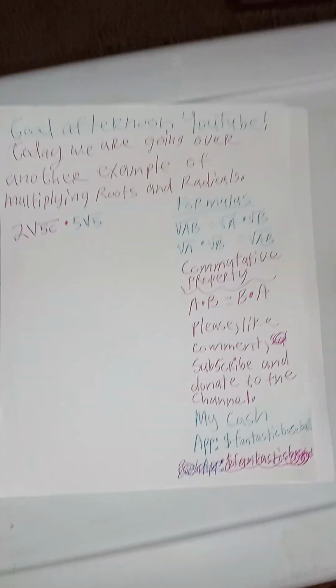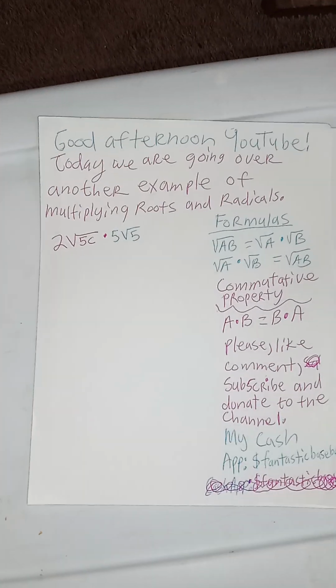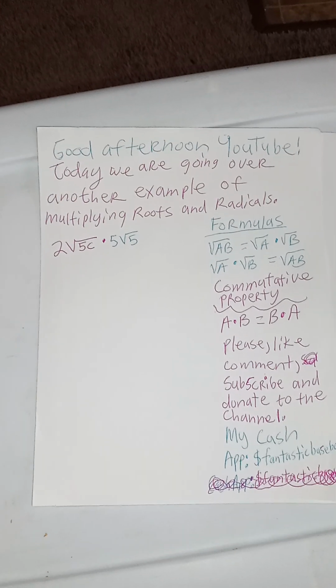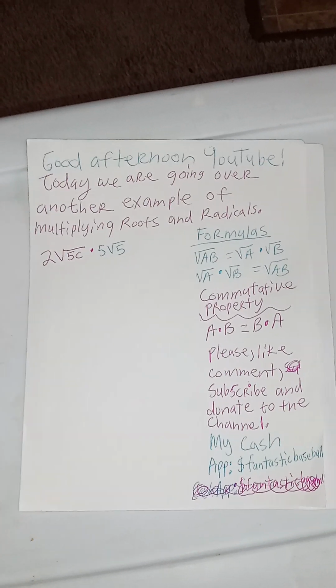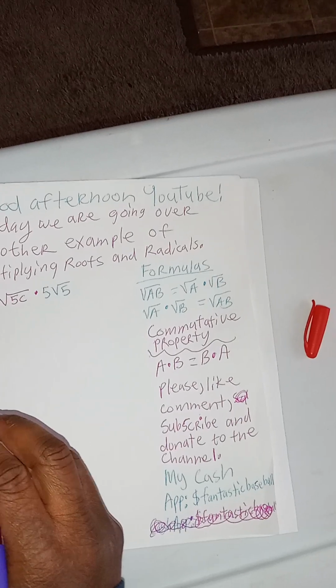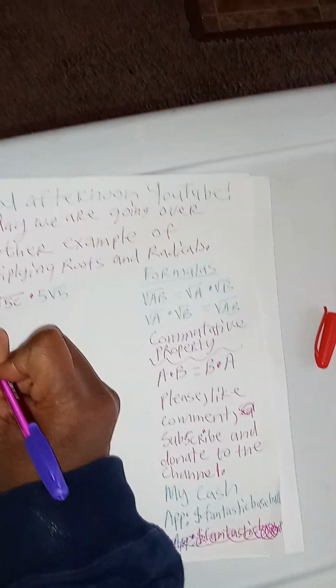Now, let's get started. Again, we see 2 times the square root of 5c times 5 times the square root of 5. So let's look at the outside numbers. Let's multiply those up front and put the square roots behind it.